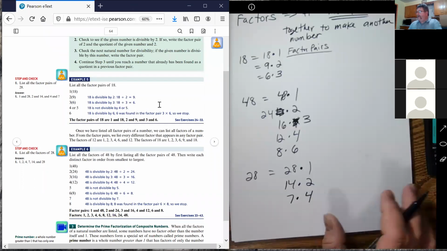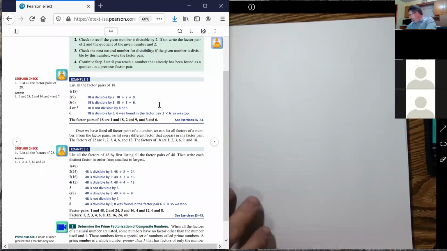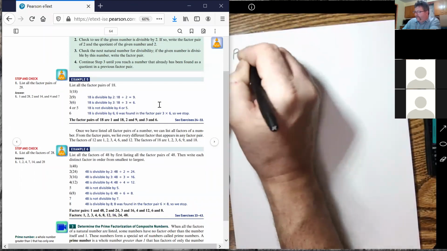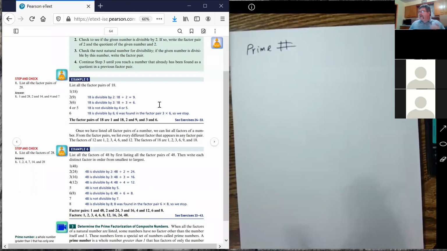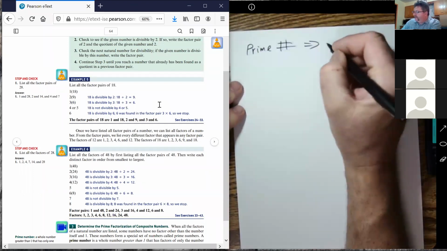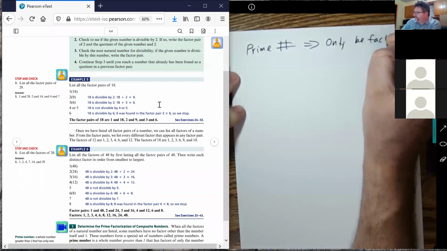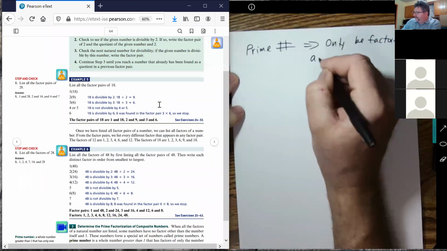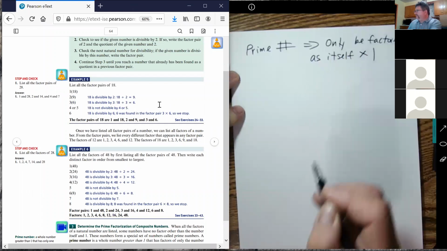All right, we're going to want to do what we call a prime factorization. Okay, now what is that? Prime factorization. Well, what's a prime number? A prime number is a number that can only be factored as itself times 1.